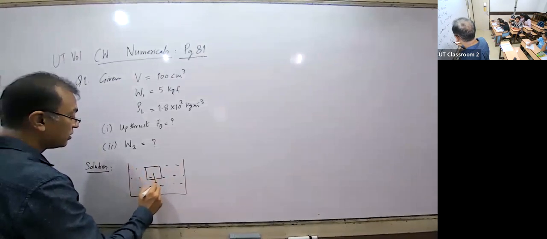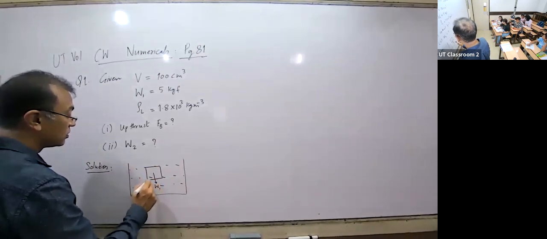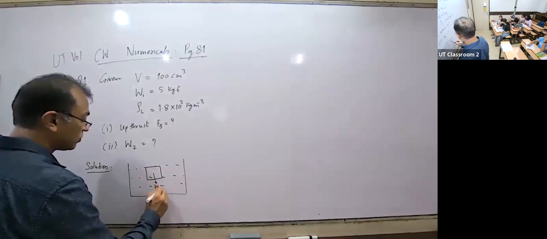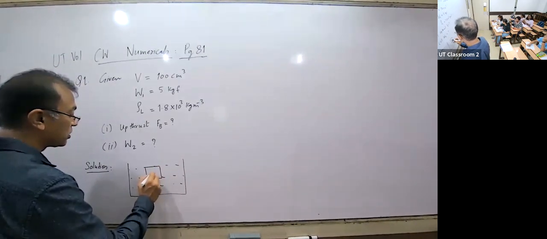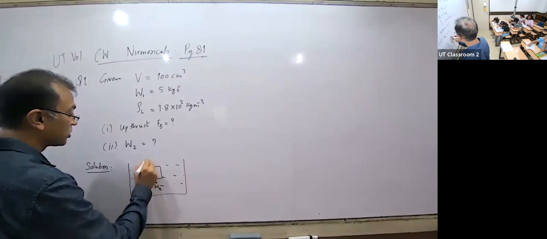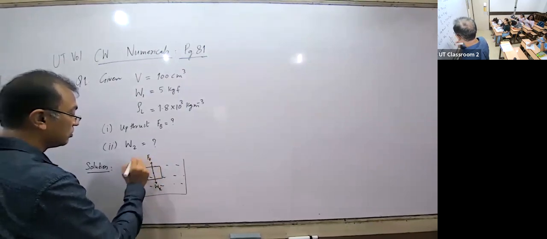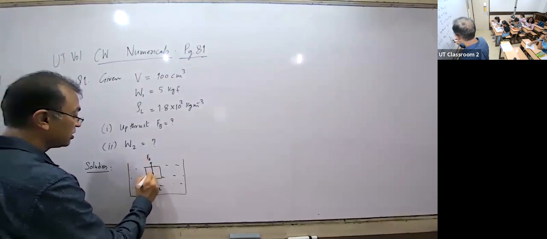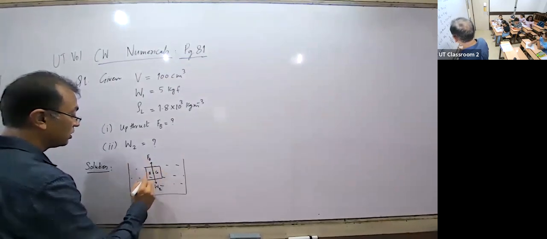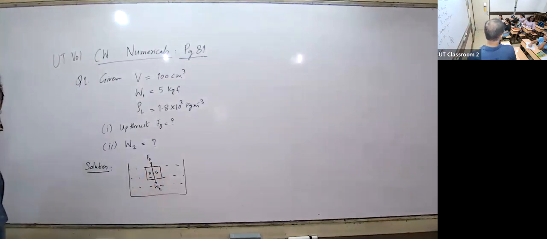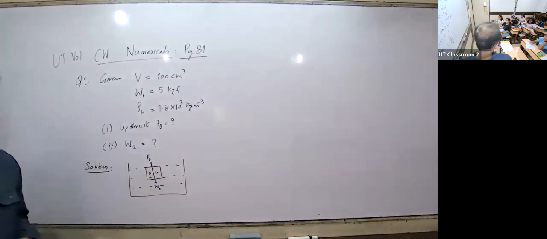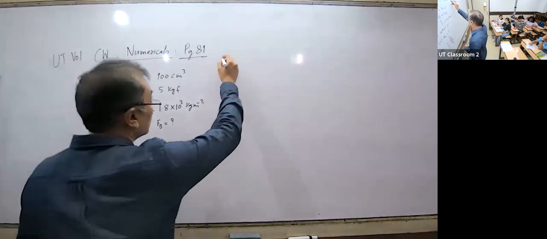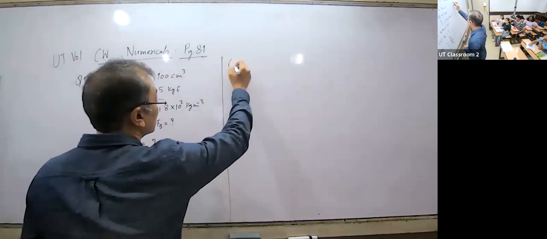Its weight is in the downward direction, it will be W2, and the upthrust will act on it in the upward direction. This is the center of buoyancy as well as center of gravity. So tell me, how do we find upthrust on it?